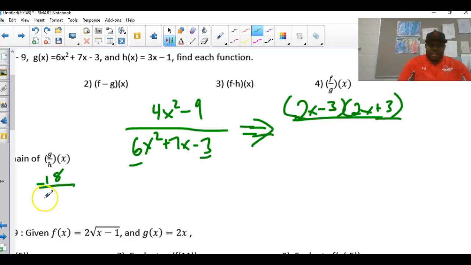The factors of negative 18 are 9 and negative 2, and negative 9 and positive 2. 9 minus 2 gives me 7, so that's how I'm going to group it. Actually, let me use another color for this because it's not the answer. 6x squared plus 9x, sorry.